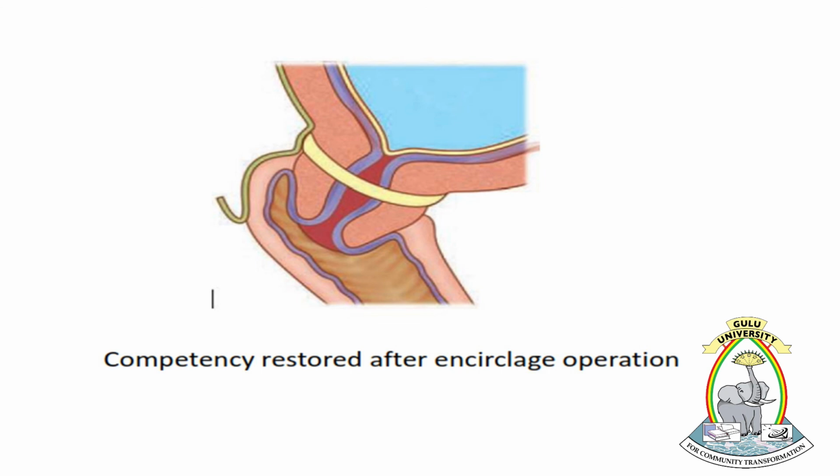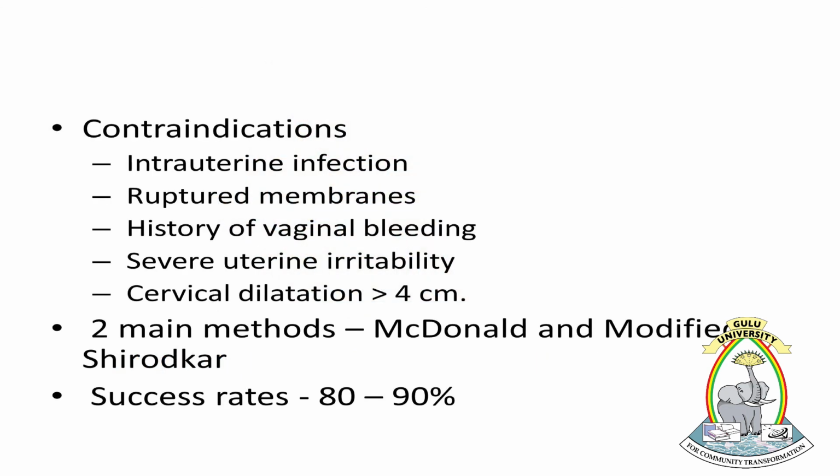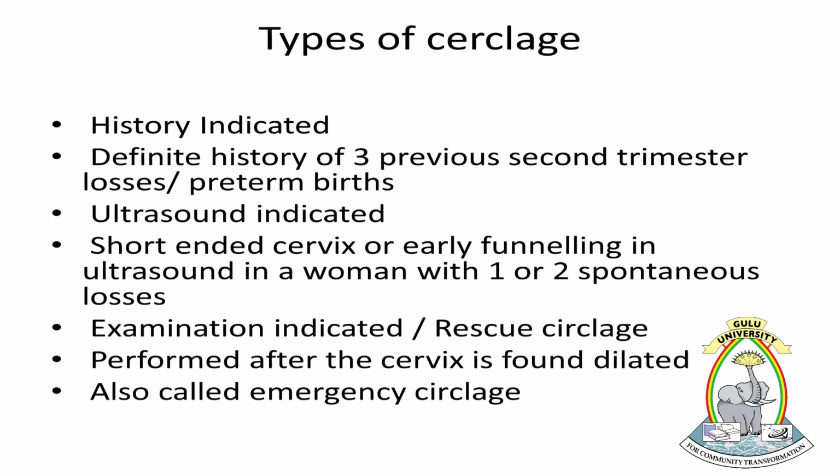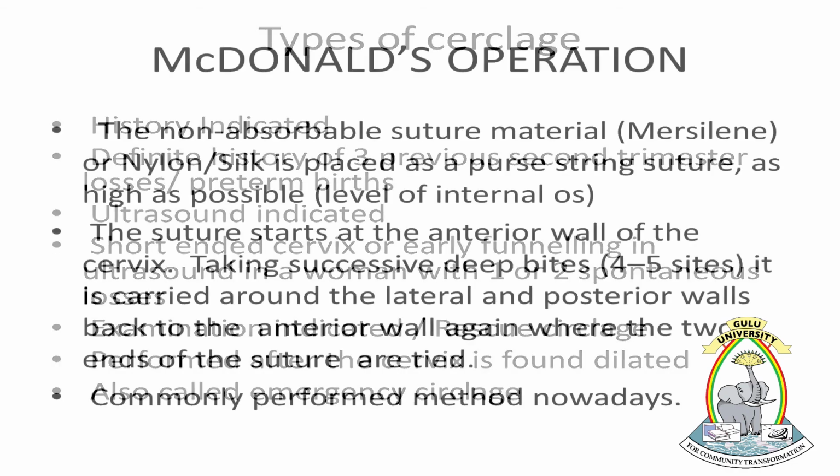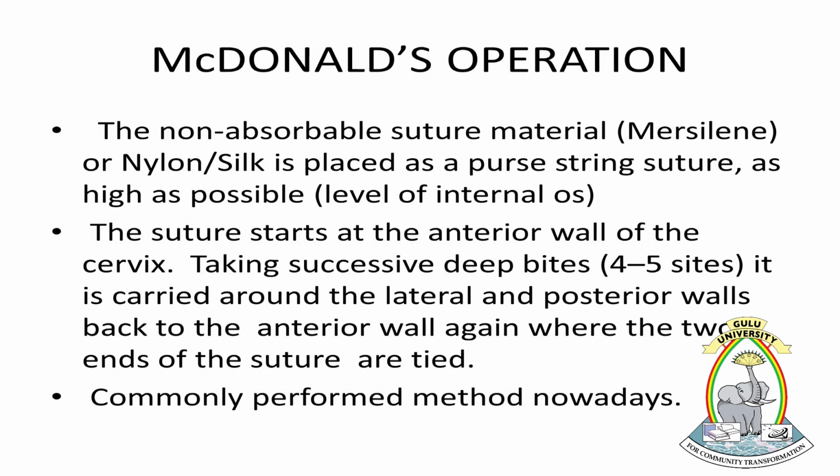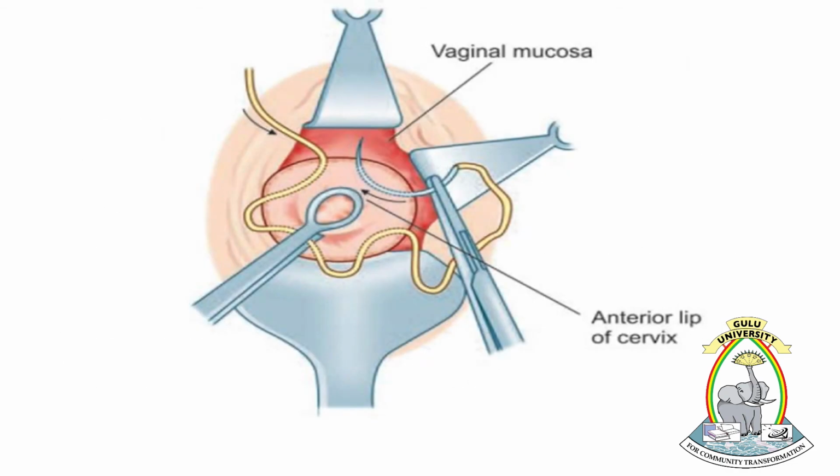This is how you're able to restore the cervical competence. And these are the contraindications of cervical cerclage insertion. And then you also need to look at the type of cerclage that you give. These are the types of cerclage that you do.